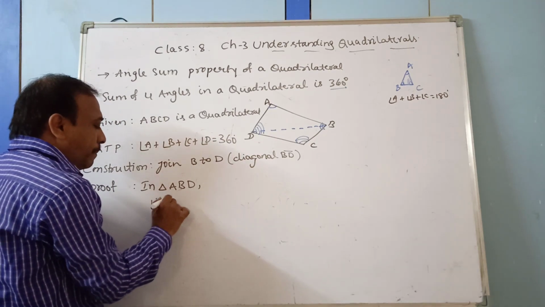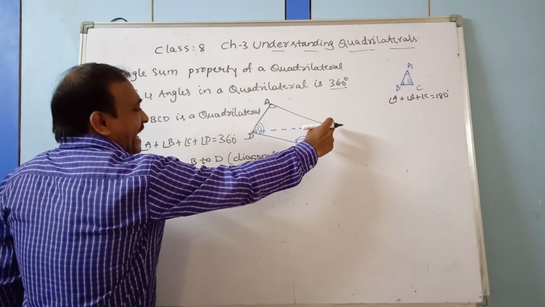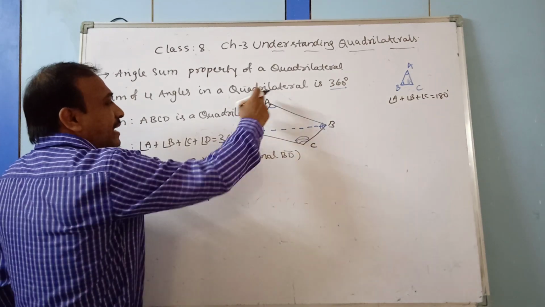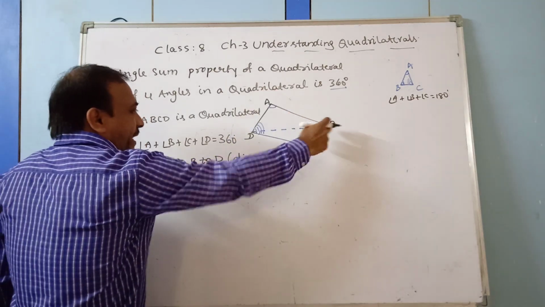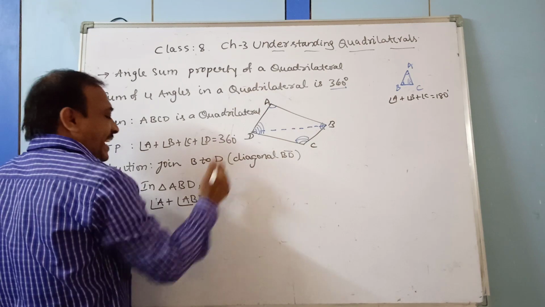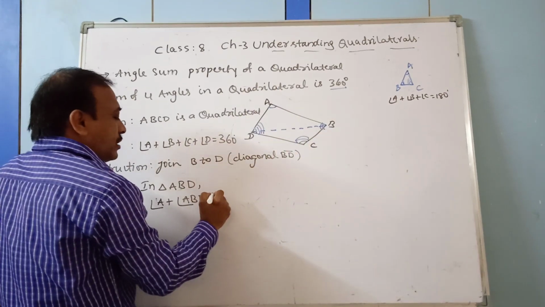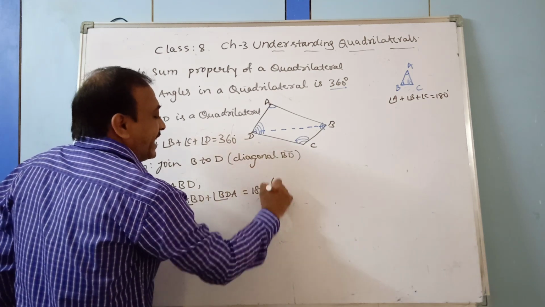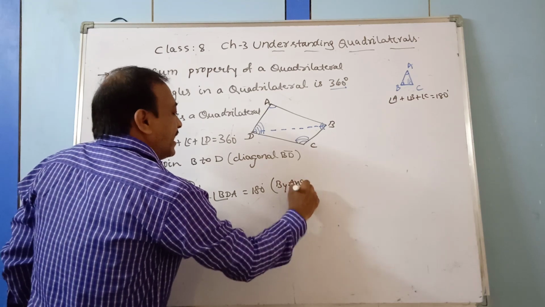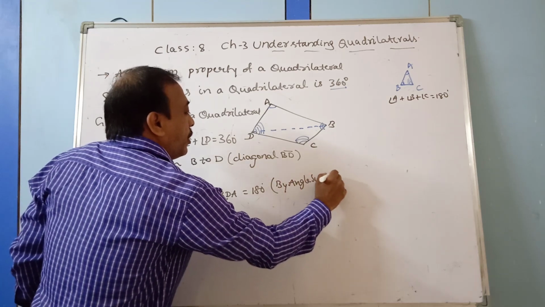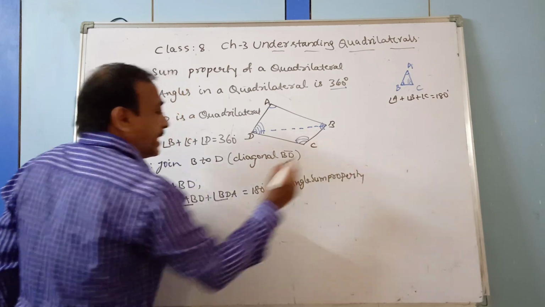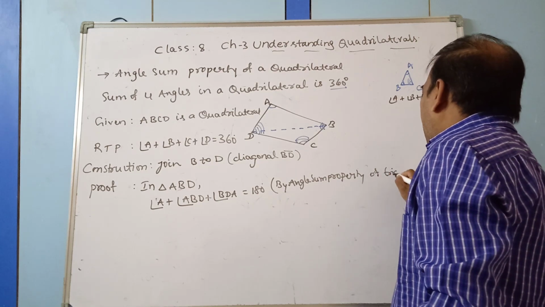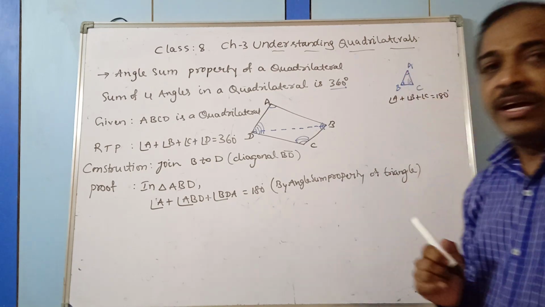Angle A plus the next one, angle ABD, plus the third one, angle BDA, is equal to 180 degrees by the angle sum property of a triangle.